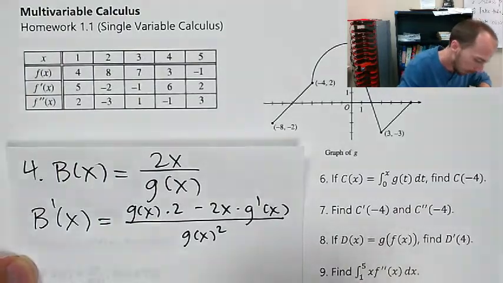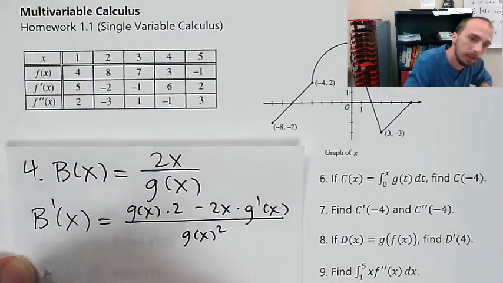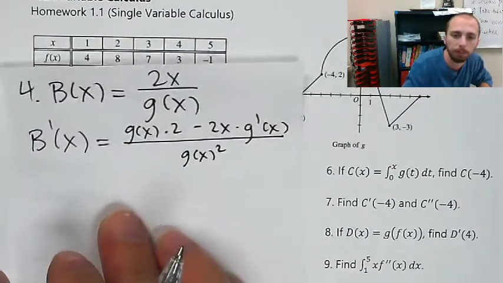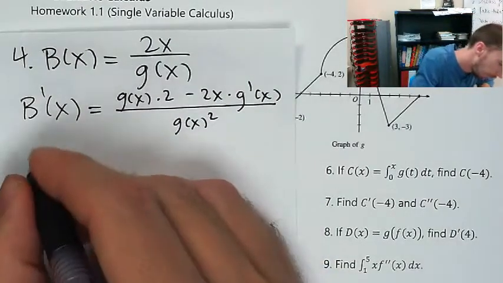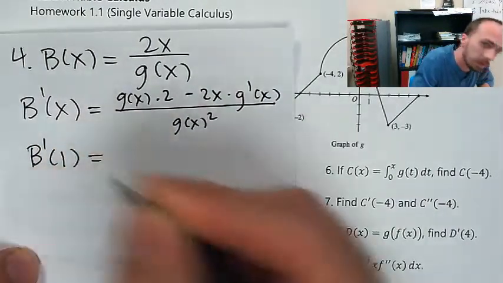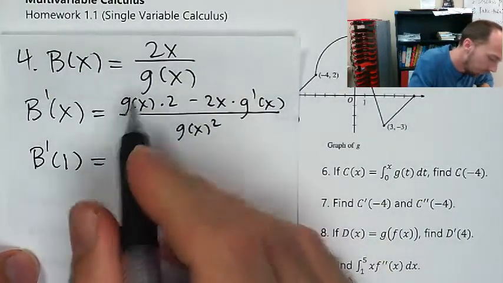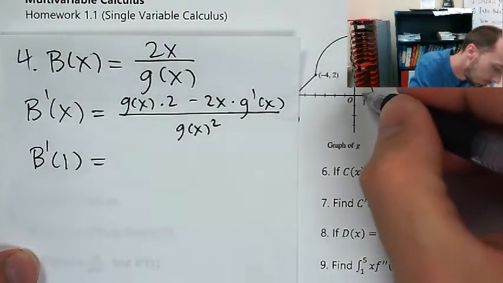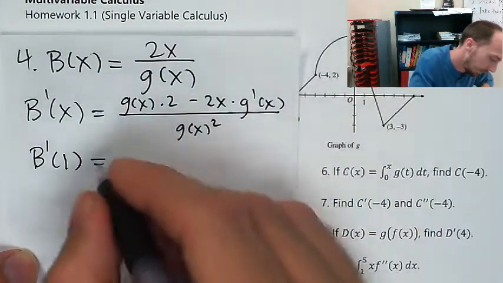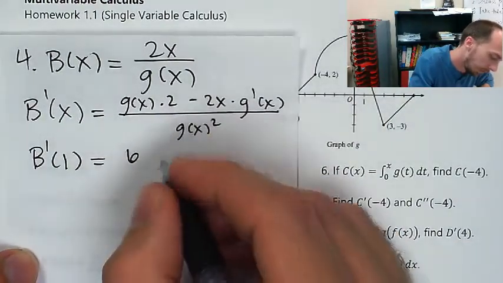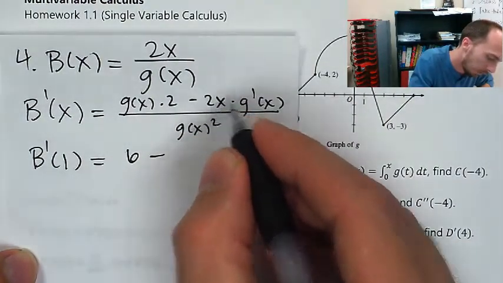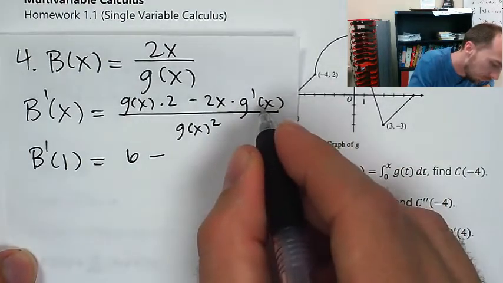Okay, so if I'm plugging 1 into b prime, b prime of 1 is going to be equal to g of 1 times 2. g of 1 is up here, that's 3. So that would be 3 times 2 is 6, minus 2 times 1 times g prime.